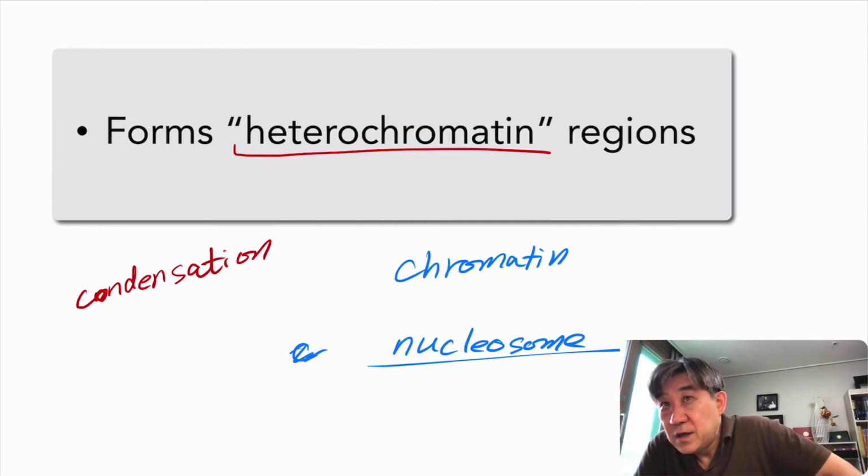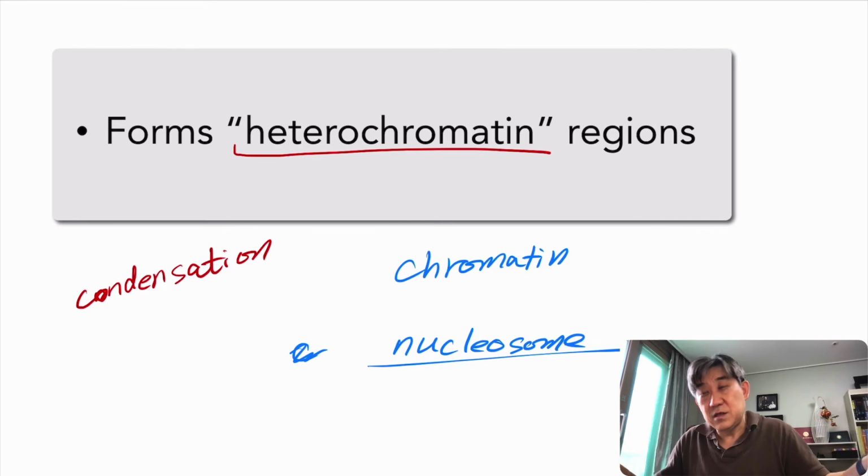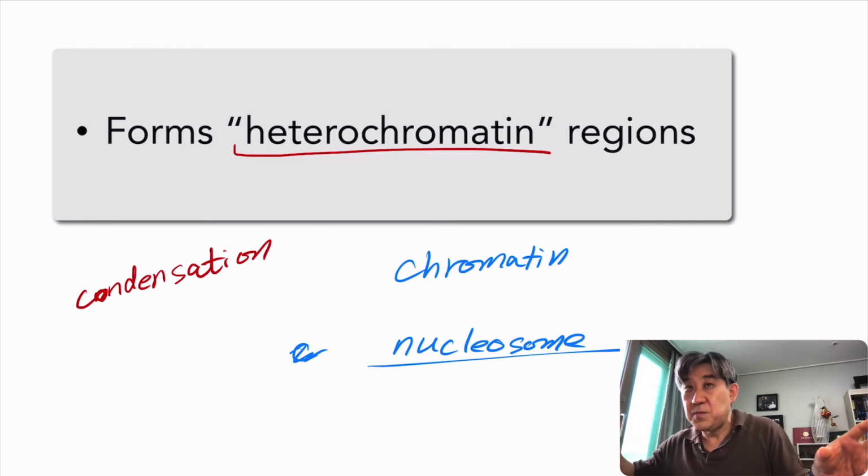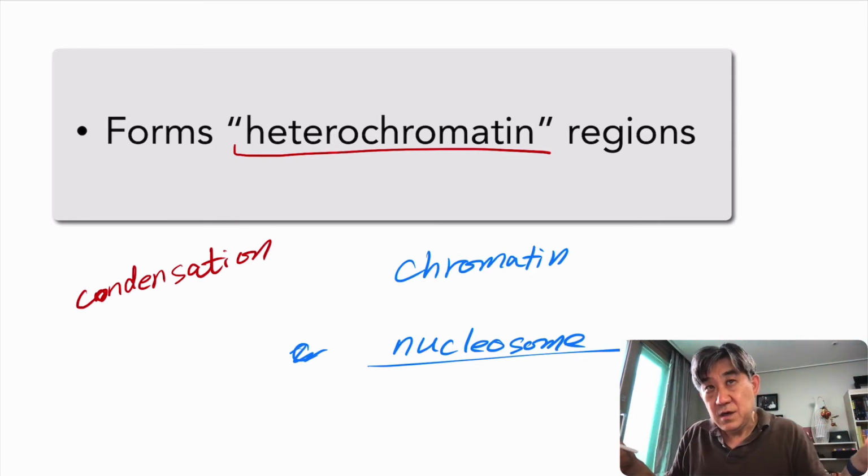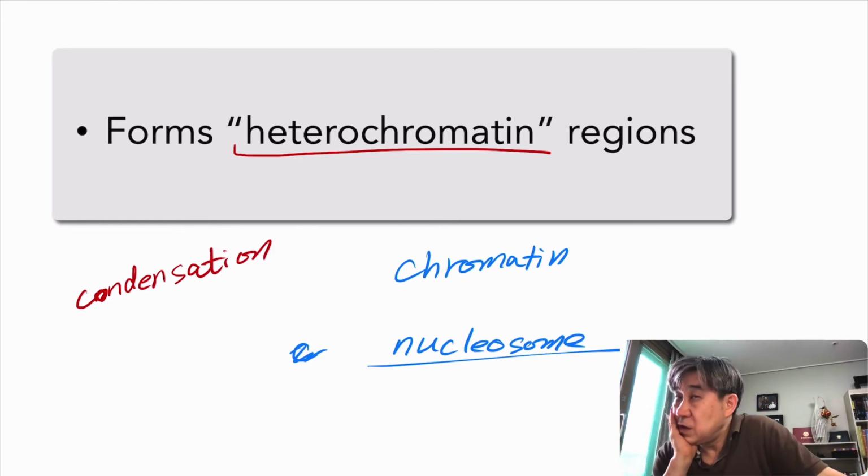The only difference is that in chromatin, as compared with the chromosome, the distance among the individual nucleosome units is farther than in the chromosome.